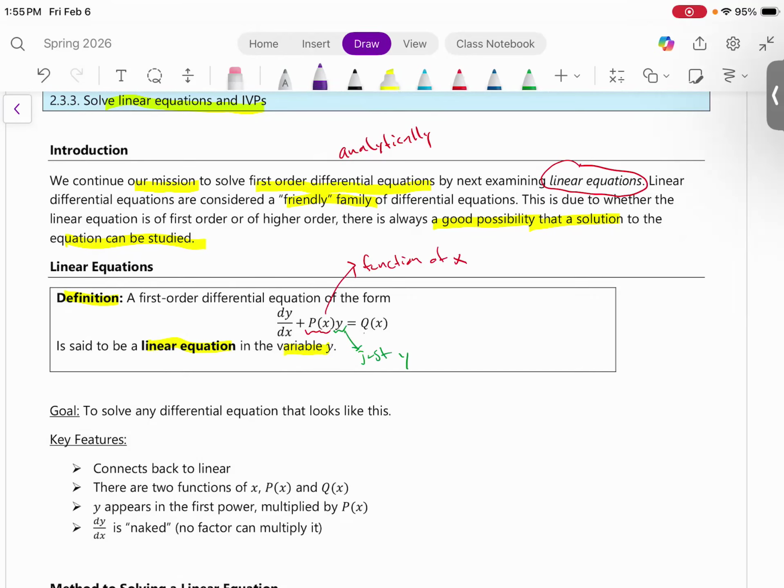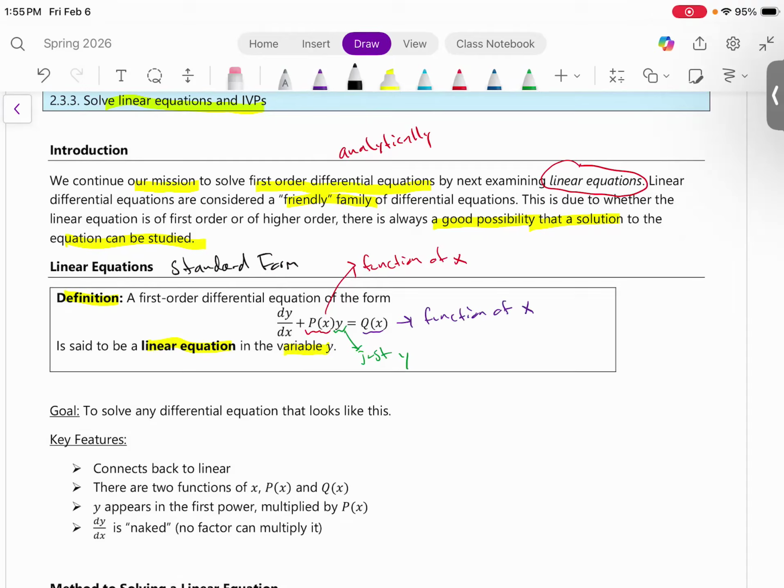Okay? And q of x is just another function of x. So this is what a linear equation looks like, and this is also what the standard form of a linear equation is.